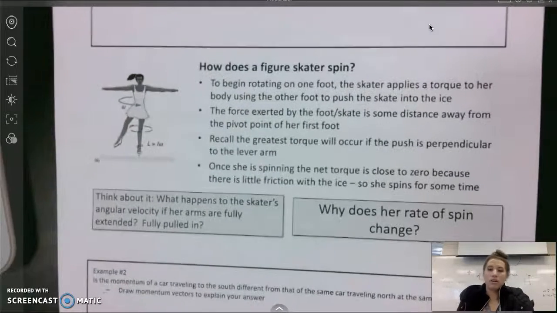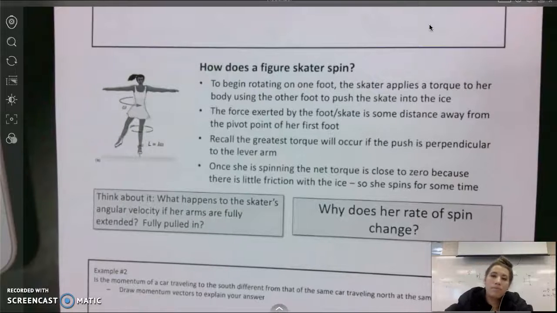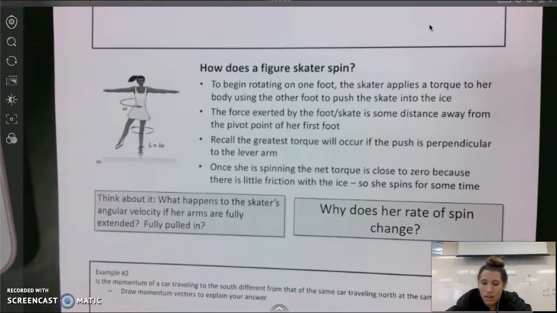We also talked about moment of inertia as far as the figure skater goes. And we talked about how if we bring mass closer to that axis of rotation, that we have a change in that moment of inertia. And so it causes them to spin faster.